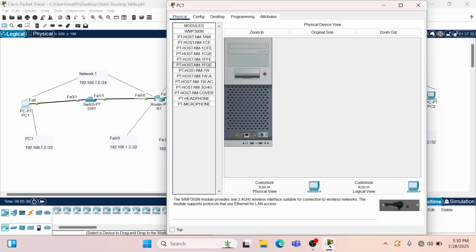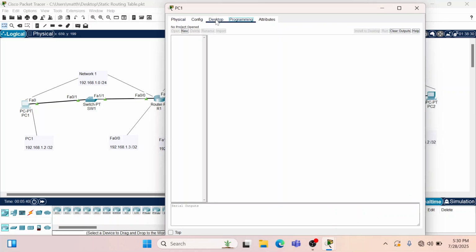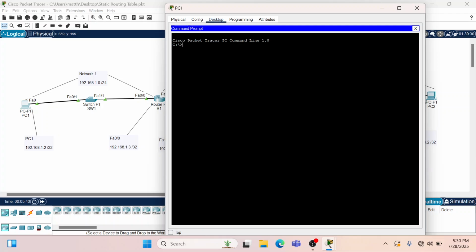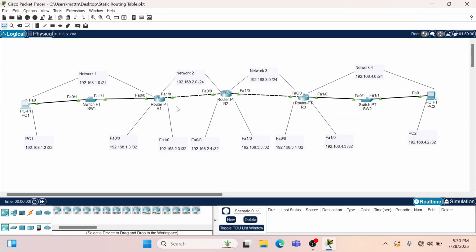Just to demonstrate, right now we can go into command prompt and try to ping PC2. And the packet's going to be dropped. So let's go into each router and configure the static routes.